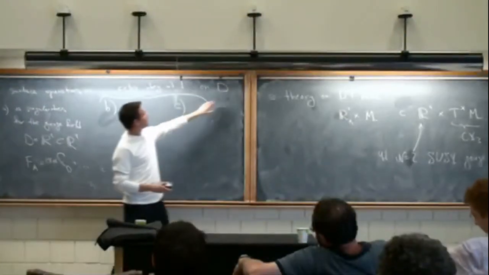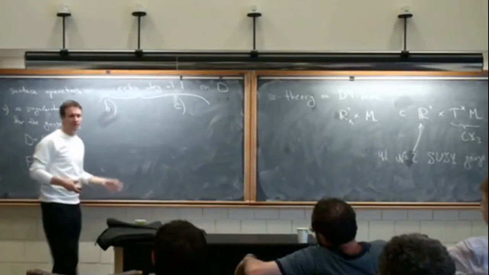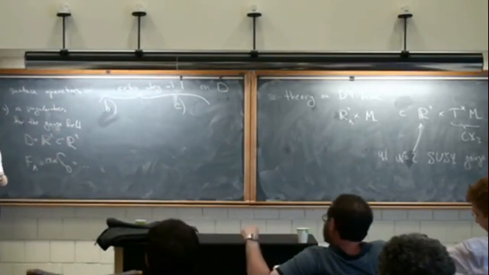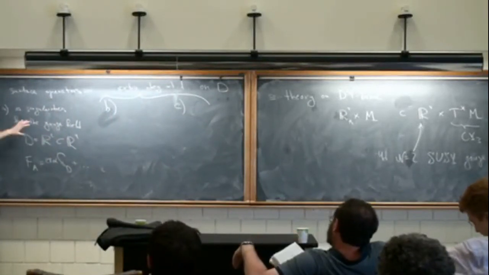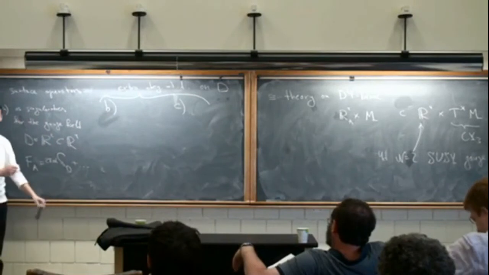And here we can introduce various fields which live on the surface D, and that still remains part of the space-time, part of the picture, which couple to the ambient bulk gauge fields.